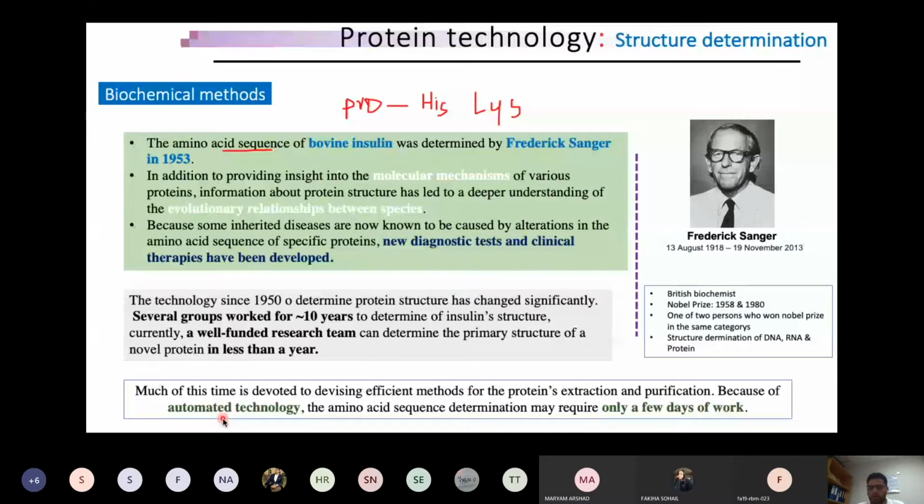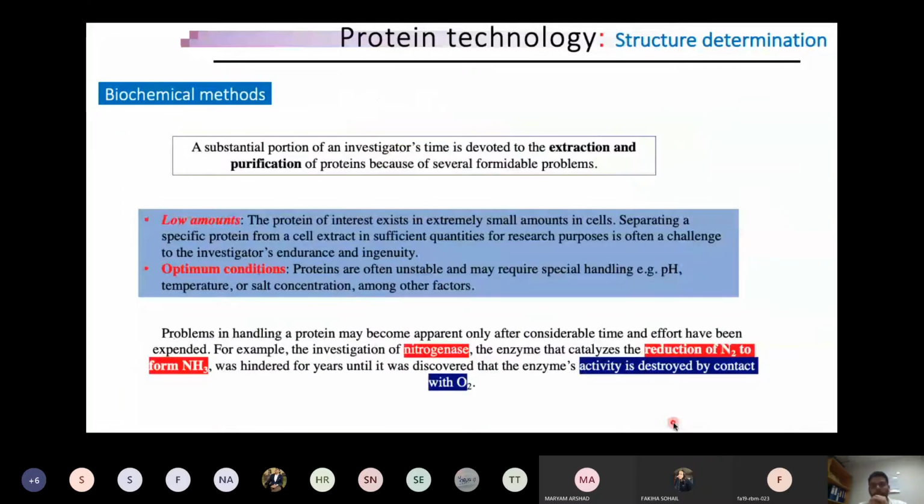Because we have an automated sequence determination system, the sequencing Sanger did, which took maybe 5, 6, 7 years, could be done now within a few days. This is how it is happening nowadays.